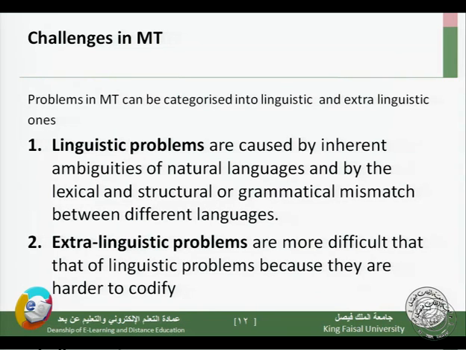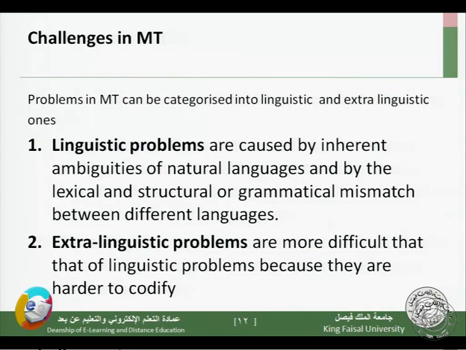In other words, you cannot identify and limit these problems. Like cultural problems. How can you codify cultural problems? How can you codify, for instance, a socio-cultural problem? So these are extra linguistic. It means they are not linguistic. This type of problem is really difficult to get into machine translation programs.